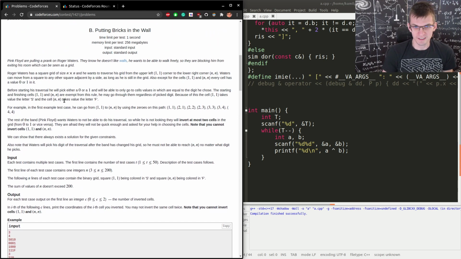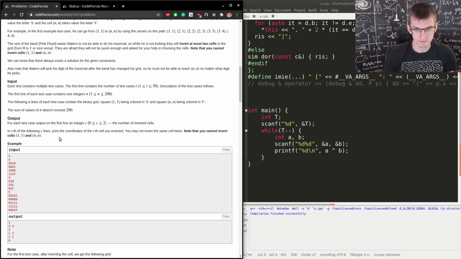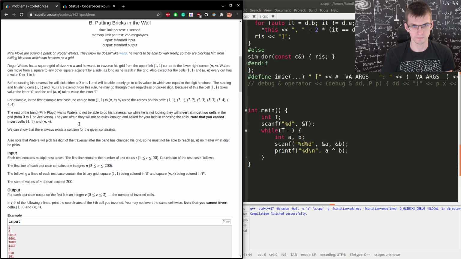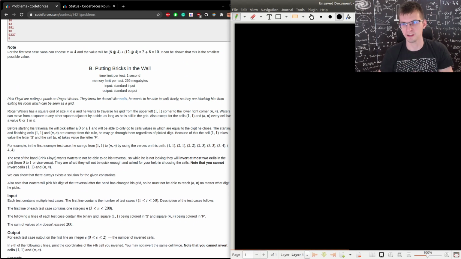I need to read again. We need to invert at most 2 cells between 0 and 1 so that it was possible for him to move no matter what the digits are. No. I'm kind of guessing the statement already, but my guess must be wrong. Oh, there's something. Damn it.